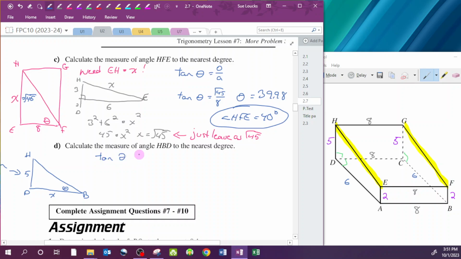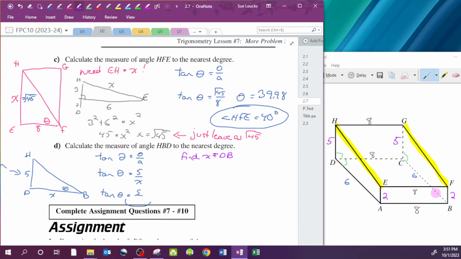So tan theta is opposite over adjacent. So tan theta is going to be 5 over X. So tan theta is going to be 5 over something that I don't know yet. But now I'm going to go find it. I'm going to come over here and I'm going to find X. So that equals DB.